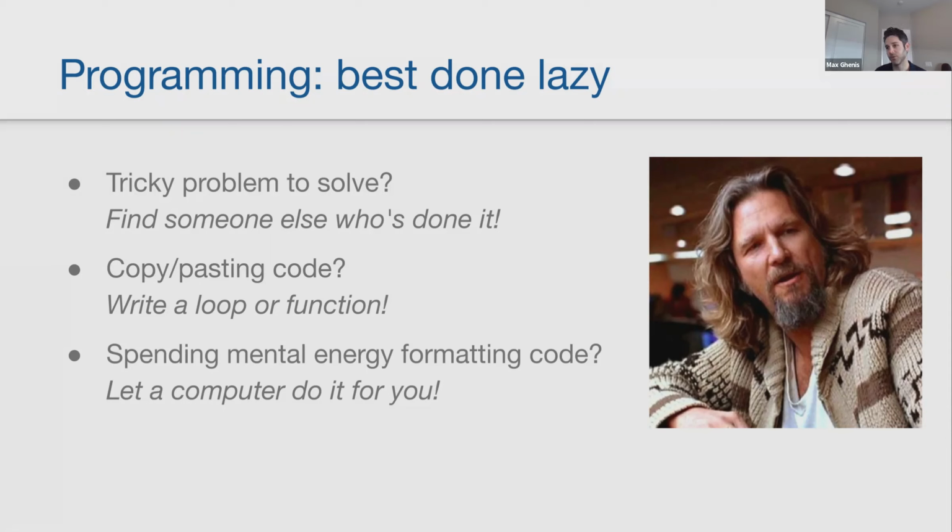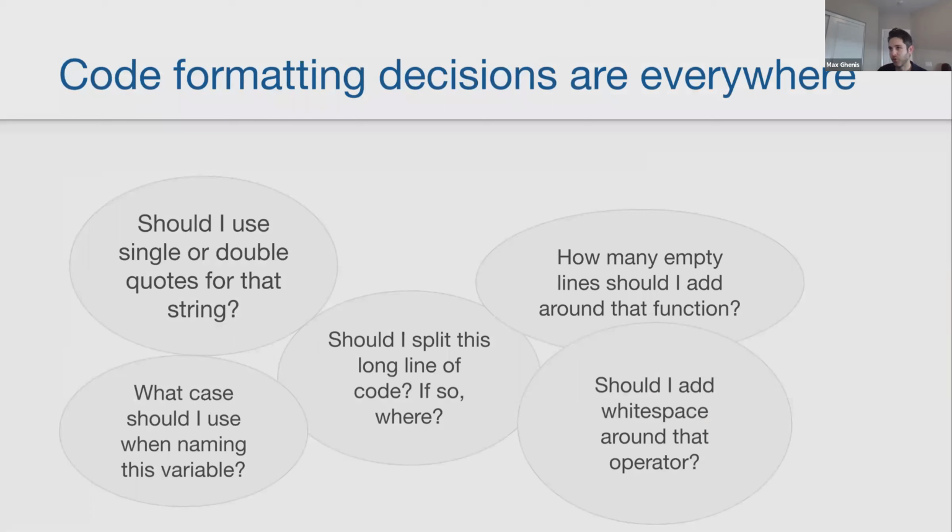Very similarly, if you're expending any mental energy on things that a computer can do for you as part of the programming process, it's nice to just let a computer do that and save your mental energy for other things. There are a lot of code formatting decisions that people make as they are developing. Simple things like, should I use single or double quotes?